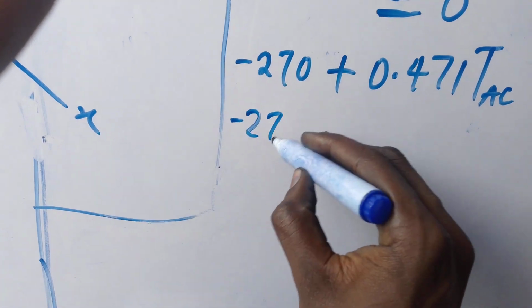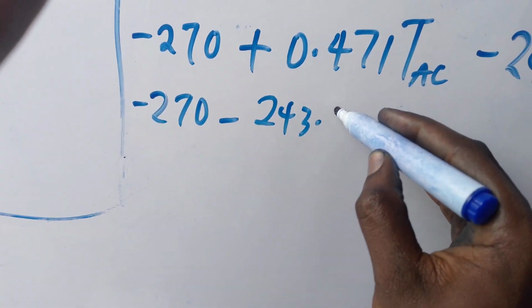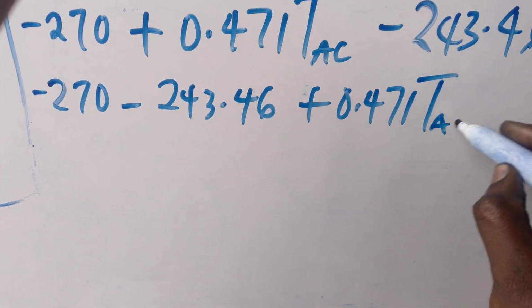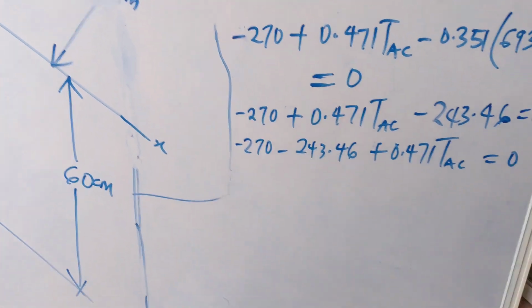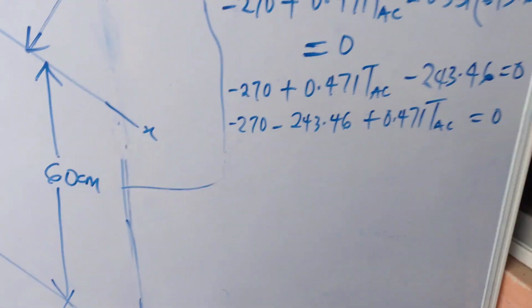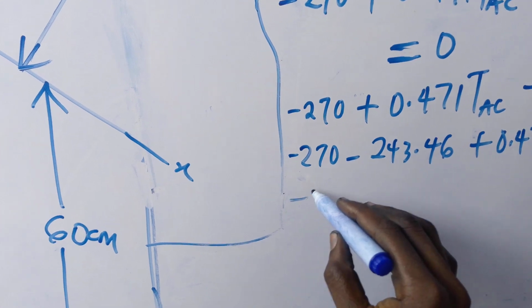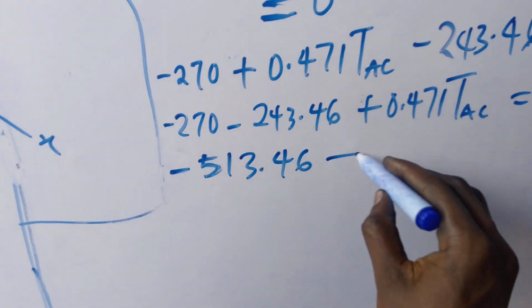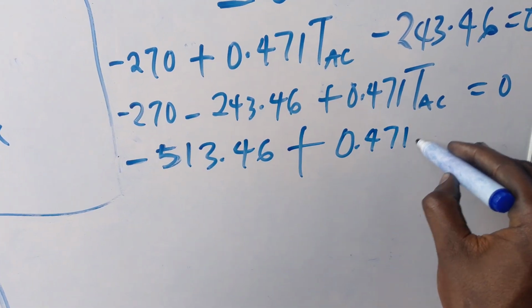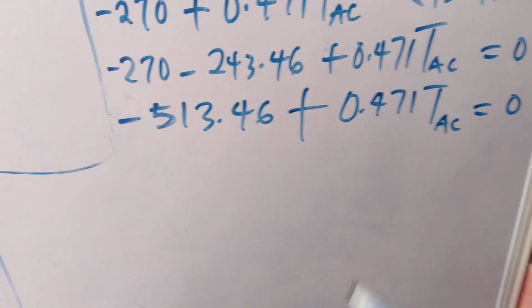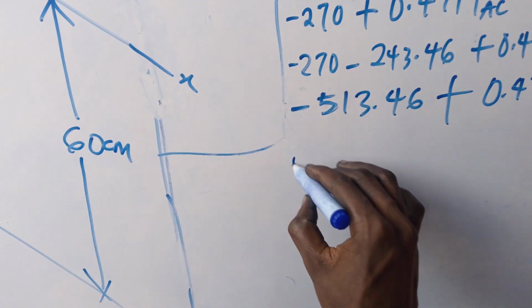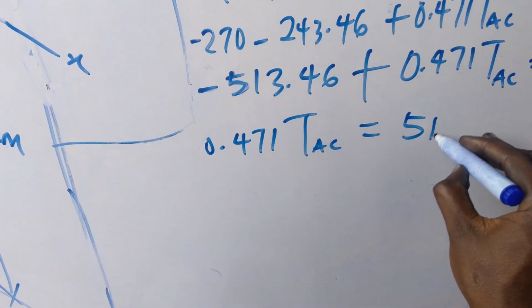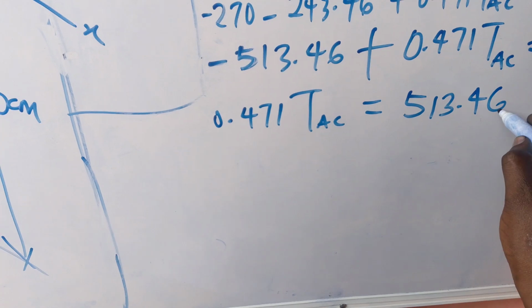Then I'll combine this. That's like saying minus 270 minus 243.46 plus 0.471 TAC equals 0. So this one minus this one gives me minus 513.46 plus 0.471 TAC equals 0. If I carry this over, I have 0.471 TAC equals 513.46.